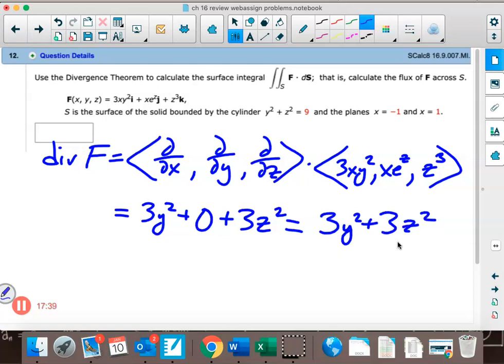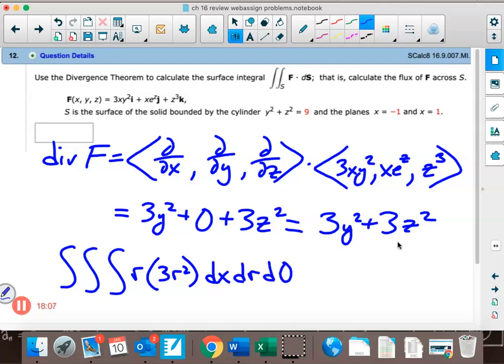All right, so if we think of this as a cylinder that is cutting through the YZ plane instead of the XY plane, I'm going to jump right to it. This would be 3r squared, and then dx, dr, d theta.